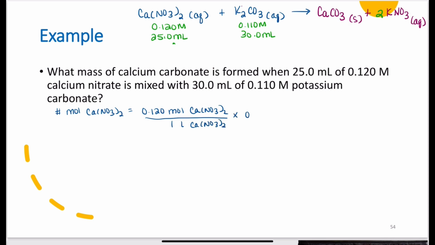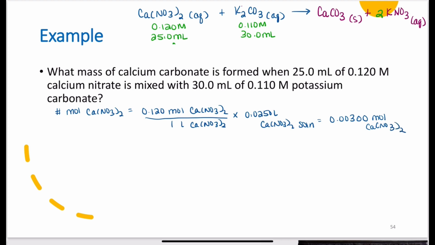I have 25 mils, 0.0250 liters of Ca(NO3)2 solution. And I don't actually have this written out, so let's go ahead and calculate it. 0.12 times 0.025, 0.003. That's what my calculator gives me. You need to keep your sig figs. Put 2 more zeros there. 0.00300 moles of Ca(NO3)2.